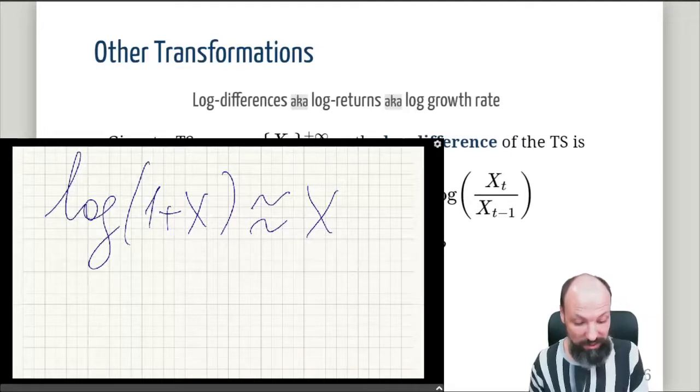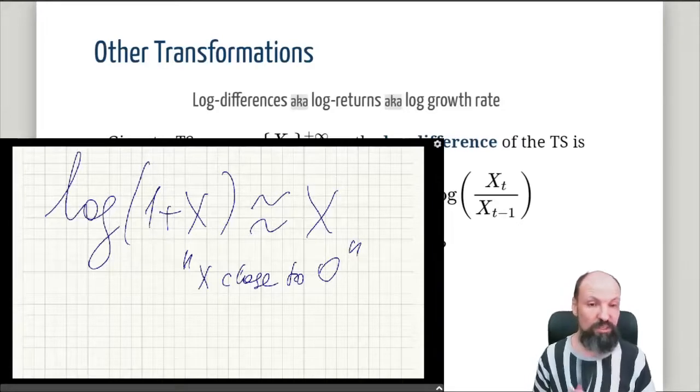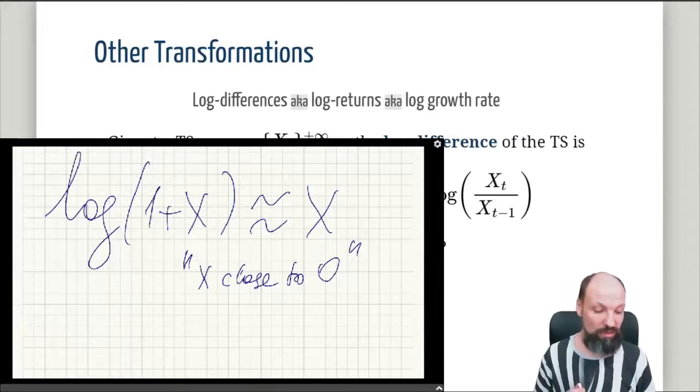Well, this works only, of course, when x is close to 0. So it should be really small, not necessarily positive. Negative also works, right?